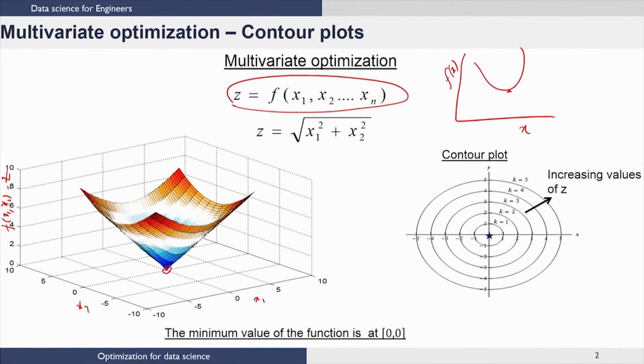Nonetheless, if you start moving in the x1 x2 plane, then when you compute the objective function at different points, let us say I compute it at this point, then this is going to be outside the plane and this is the value of the objective function at this point. And if I compute the objective function at this point, it is going to be outside the plane, this is going to be the value at this point and so on. And if I go this direction, I might come here and so on.